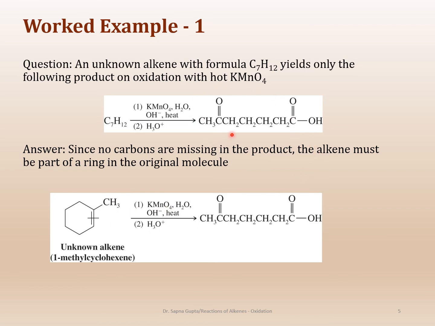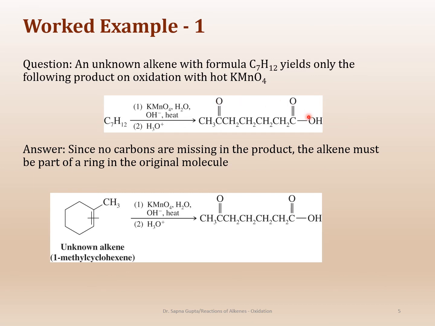So the ketone is coming from a more substituted carbon and an acid is coming from a less substituted carbon. And the other fact is that because you have only one fragment, it means that you're starting with a cyclic structure. If you had a straight chain alkene, you would have 2 fragments at the end, but because you're starting with one cyclic molecule, you're getting only one molecule at the end with the 2 functional groups.